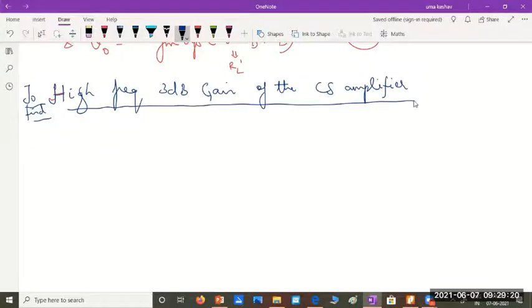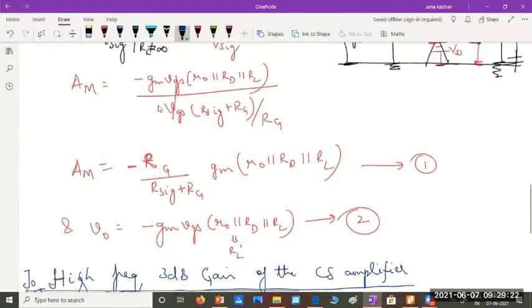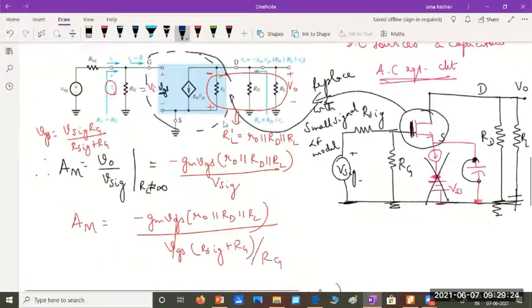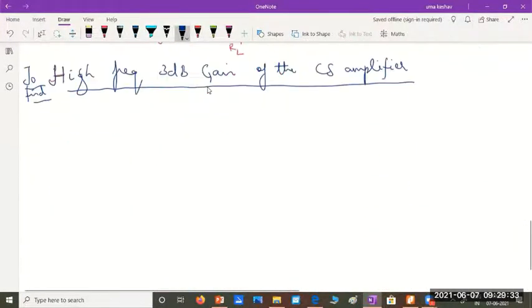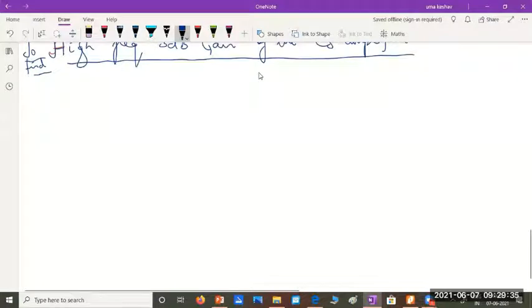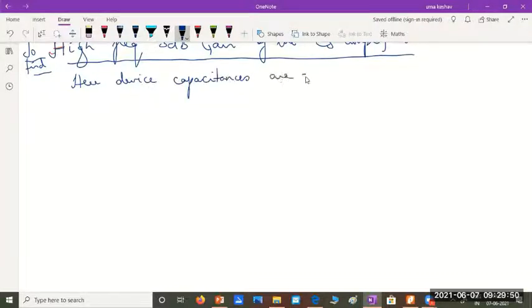In mid-frequency, the MOSFET will be replaced with its simple model which we have considered. There are no additional capacitors or anything. But once we go for high frequency analysis, the replacement for the MOSFET should change. Here the device capacitances are active.